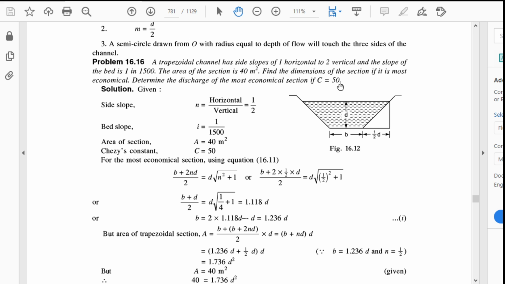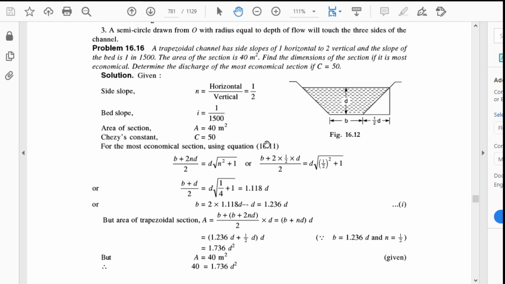The Chezy's constant is 50, that is C equals 50. Now by using the conditions for most economical channel section, we can find out the dimensions, and we have to find out the discharge. So for finding discharge, firstly we have to find out the area.